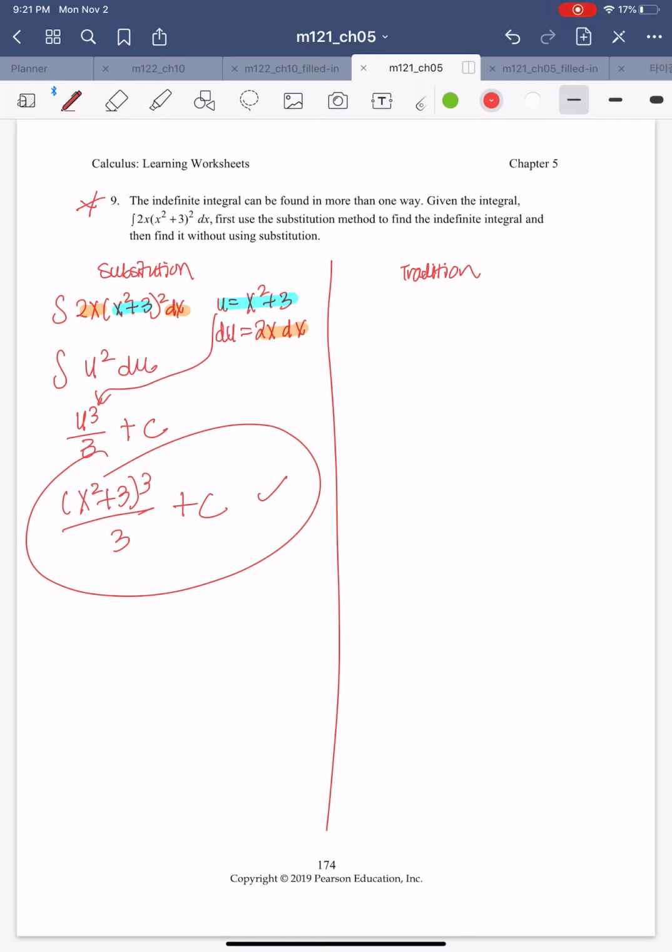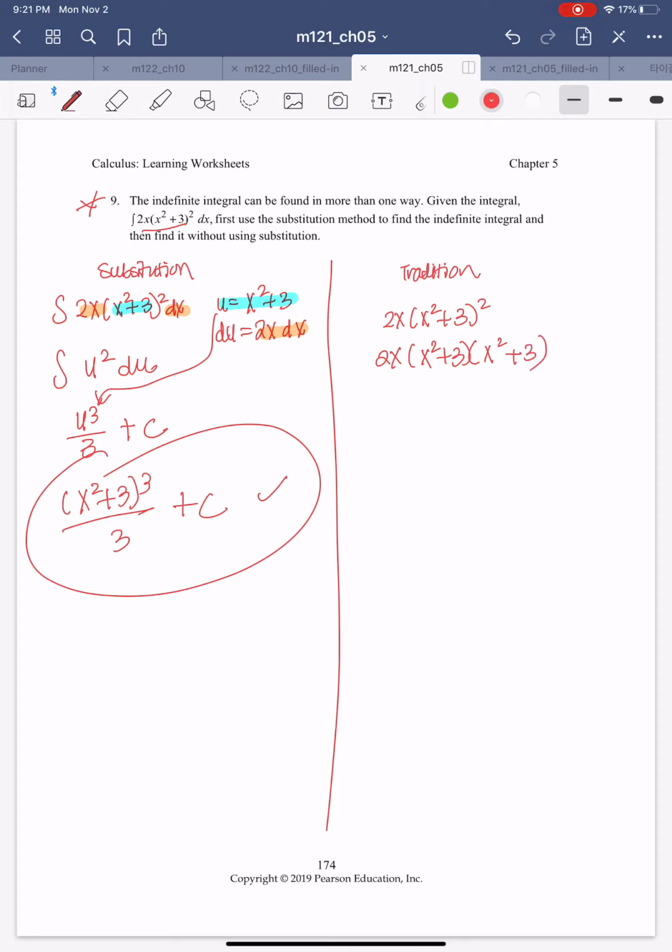Now, let's do it without a substitution. So what do I do? Well, there's no way that I can do the substitution. So the one way, I'm not going to apply the derivative yet. I can do this by really doing some algebra of rewriting that as x squared plus 3 twice.